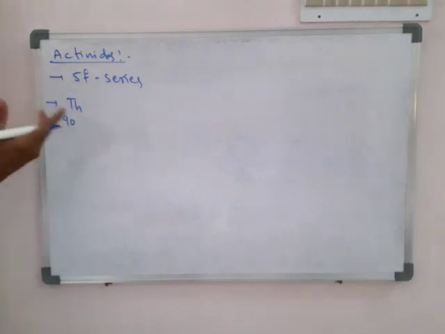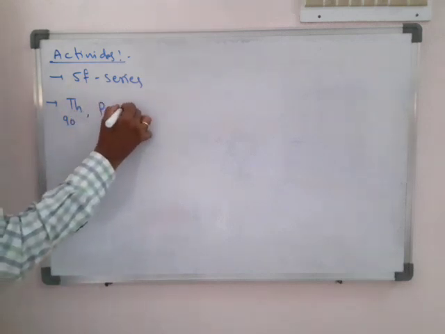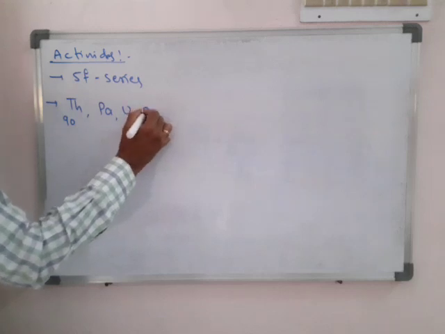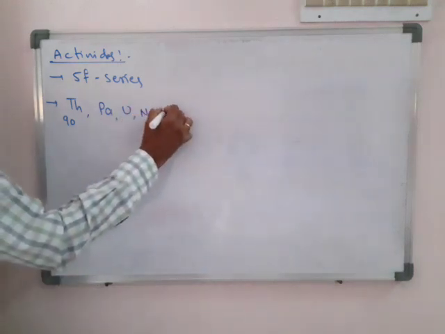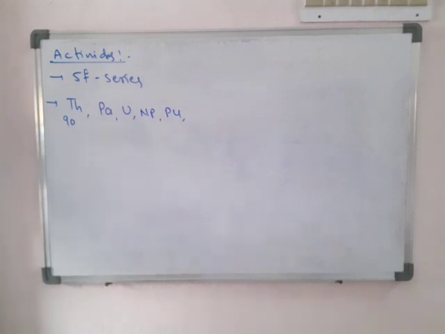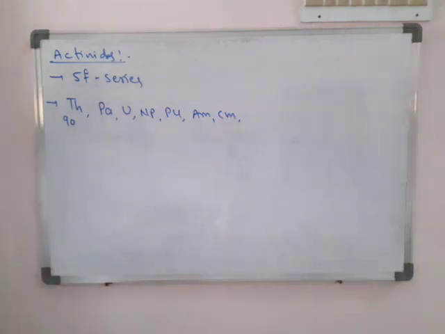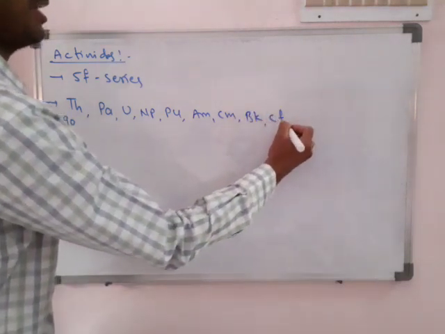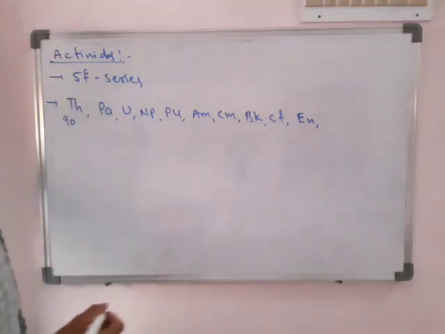Thorium 90 starts, actinium is 89, and after actinium it started. Okay, so thorium, protactinium, uranium, neptunium, Np, plutonium, after plutonium it has americium, curium, berkelium, californium, einsteinium, fermium, Fm.